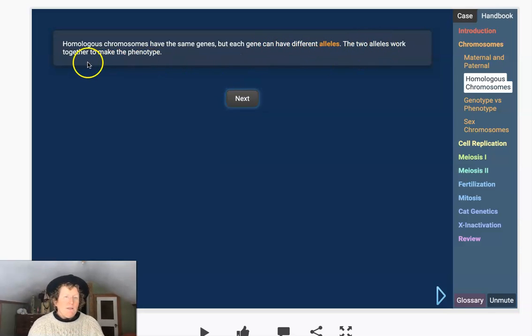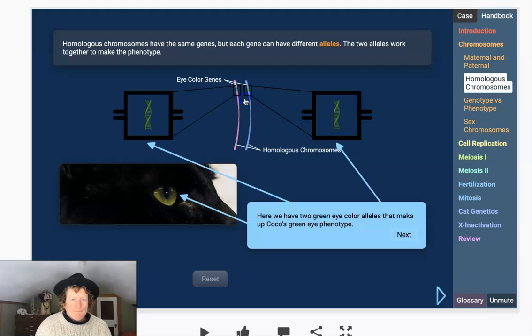Two alleles work together to make the phenotype. So here we have two green eye color alleles that make up Coco's green eye phenotype. So he has green on one homologous chromosome and green on the other. So Coco here has green eyes.